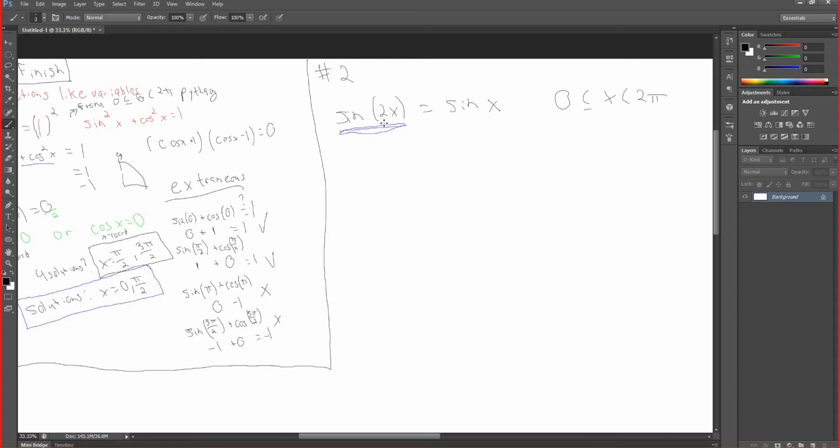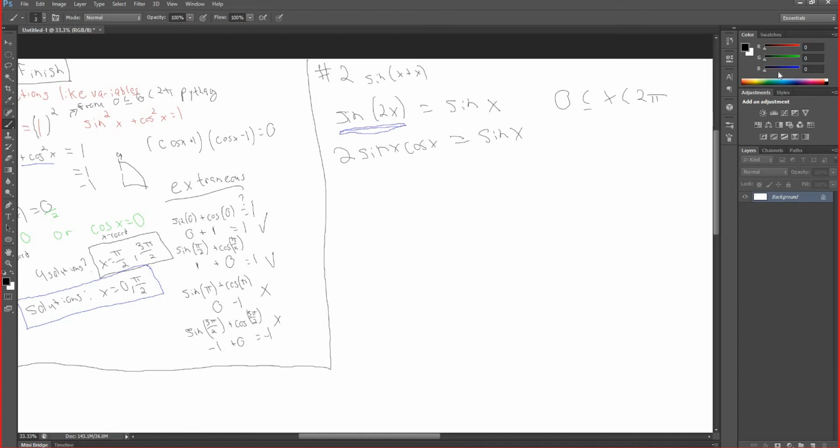Because I have 2x. If I write this out the long way, this is sine of x plus x, so it's also technically a sum. We know that our double angle identity for sine is just 2 sine of x cosine of x, and then this is going to equal sine of x.